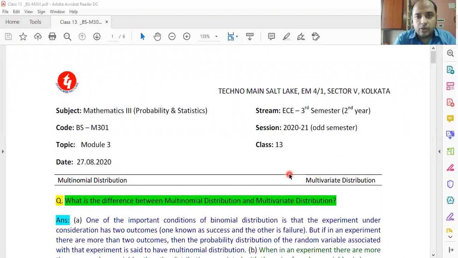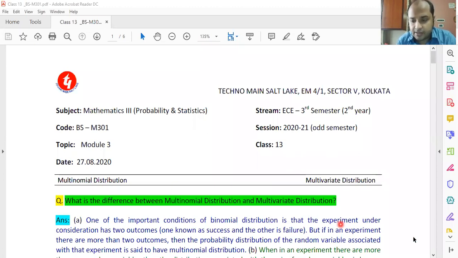If I taught you multinomial distribution in module 1, you might have forgotten it by the time I reached module 3, so I wanted to show you the two things simultaneously. Therefore, I skipped multinomial distribution in the first module. Okay, we can consider multinomial distribution to be part of the first module, but I have decided to go with this process. So my first question is: what is the difference between multinomial and multivariate distribution?